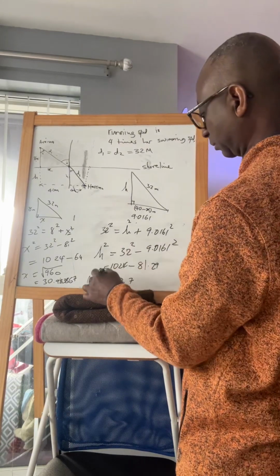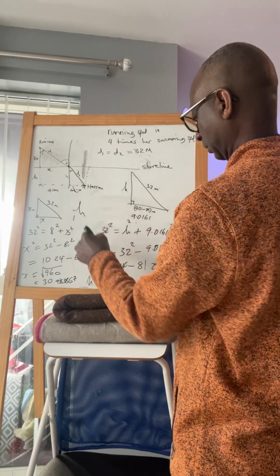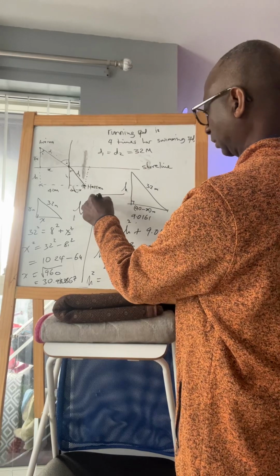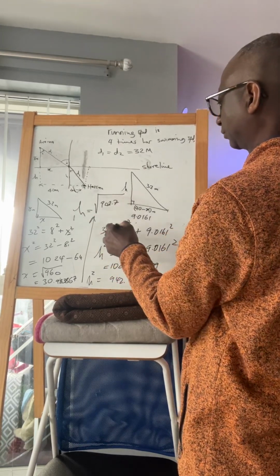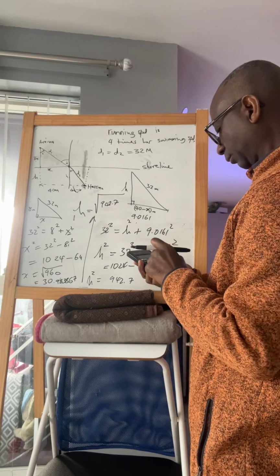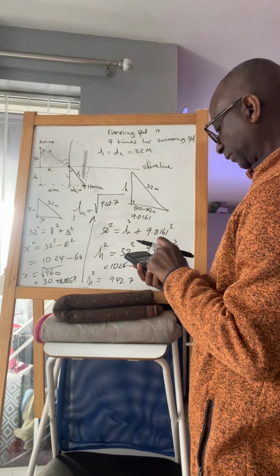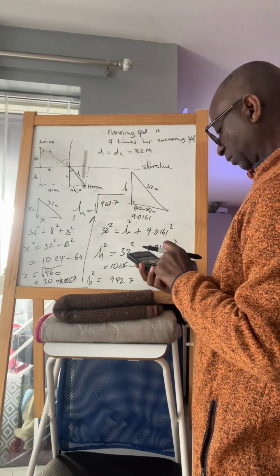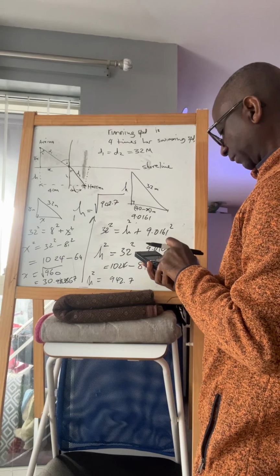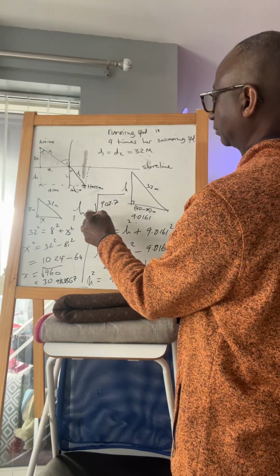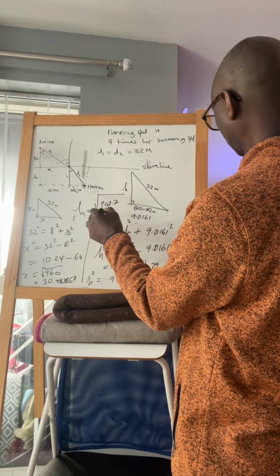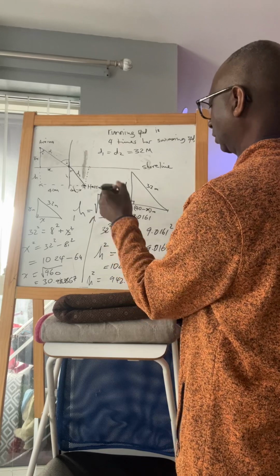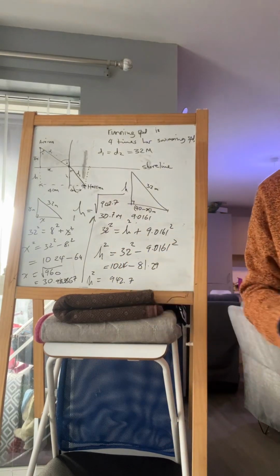So what is the square root now? What is now h? That's the square root of 942.7, which is 30.7 meters. That's your final answer.